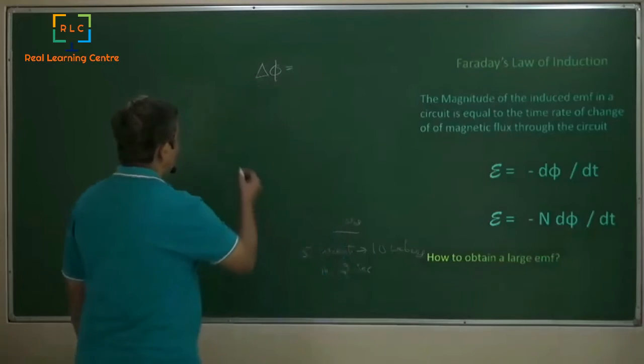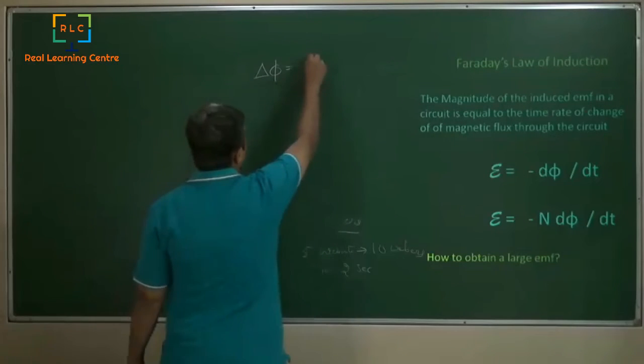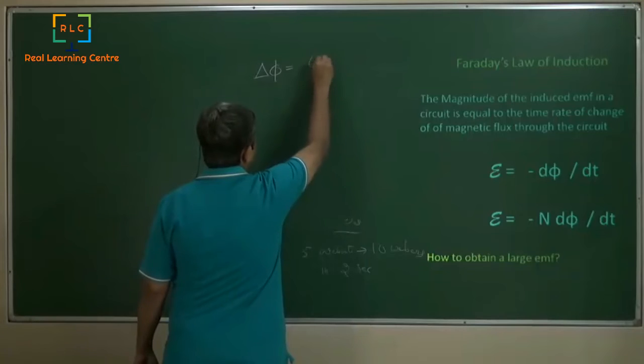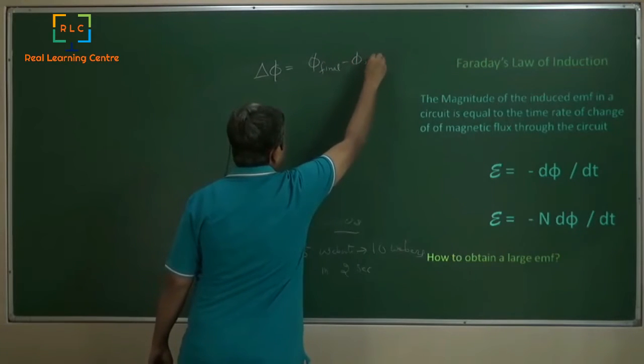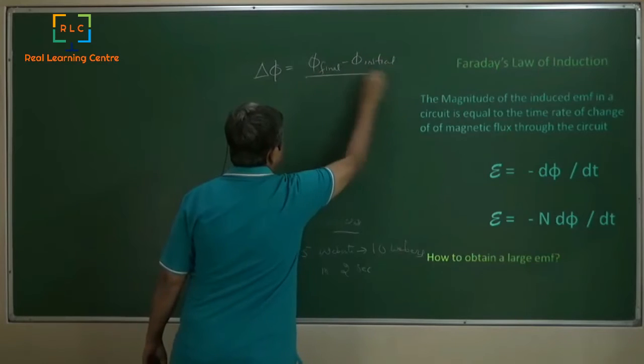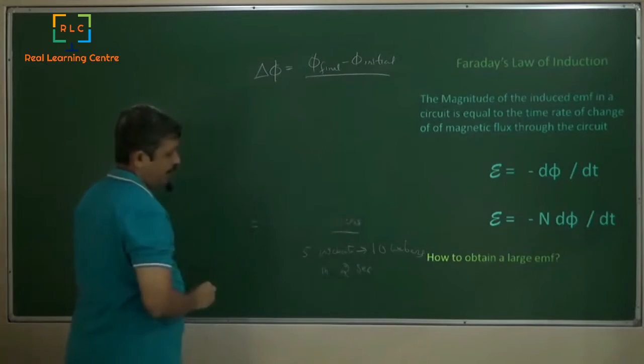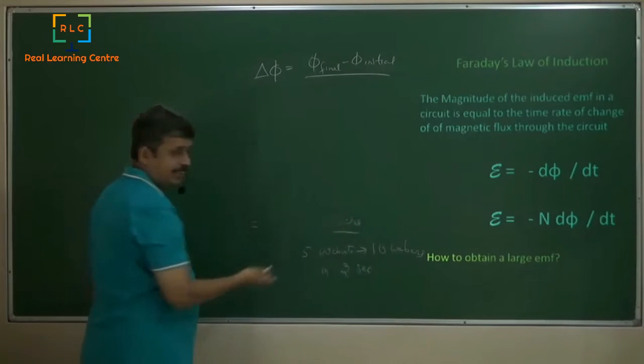Okay, delta phi is equal to phi final minus phi initial, divided by, so that is delta phi. Delta t is basically the time taken here.